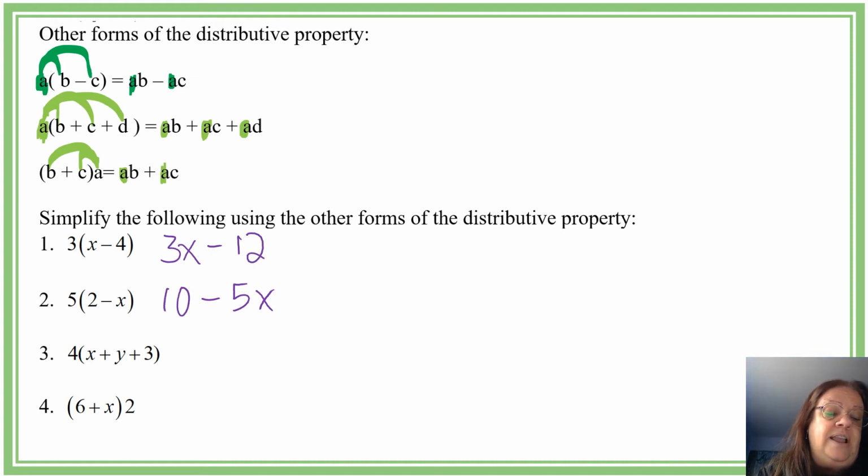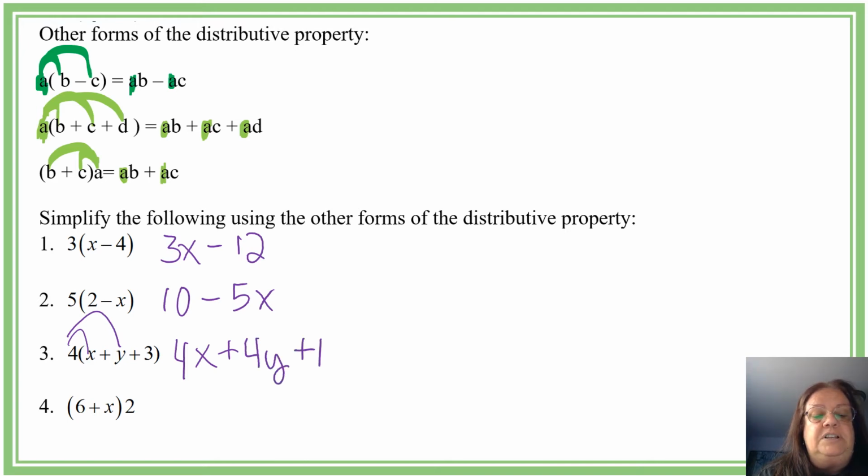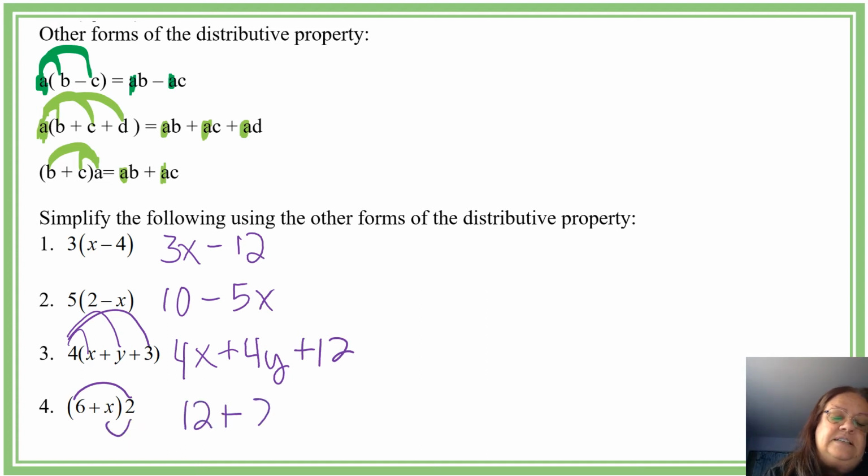All right, so now I have 4x plus 4y plus 12. All right, and for my number 4, I can go backwards. 2 times 6 is 12, and 2 times x is 2x.